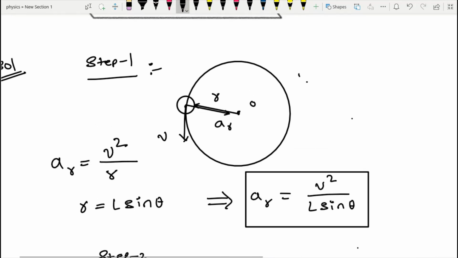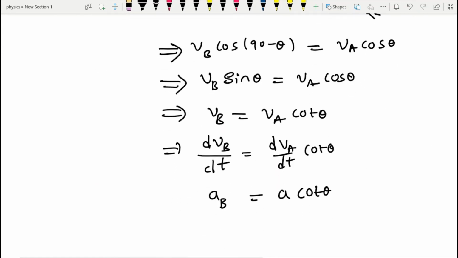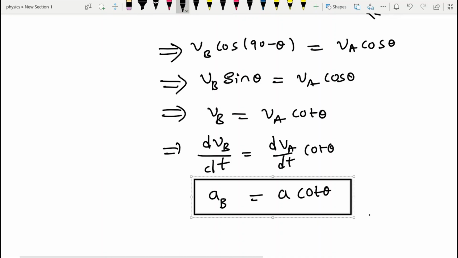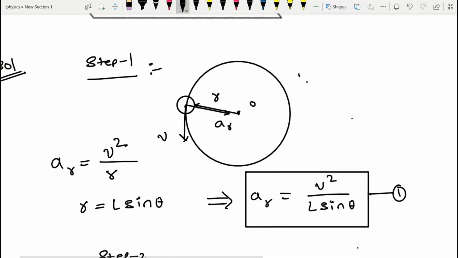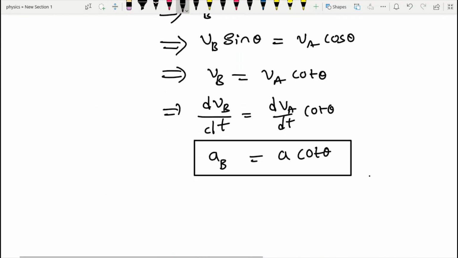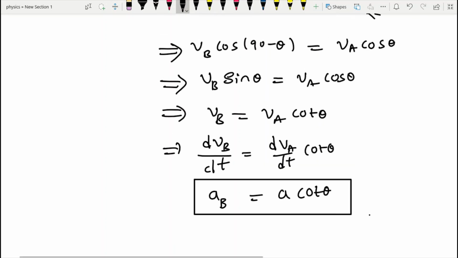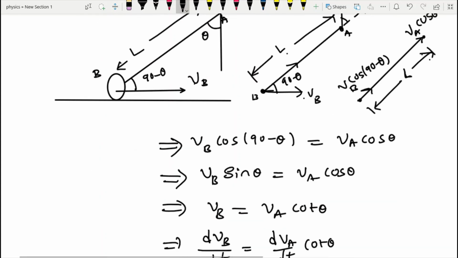So we are having two accelerations. This is acceleration 1, that is the radial acceleration, which is due to the circular motion of the ball. And next, this acceleration AB, which is due to the sudden pull of the string with an acceleration A in upward direction.